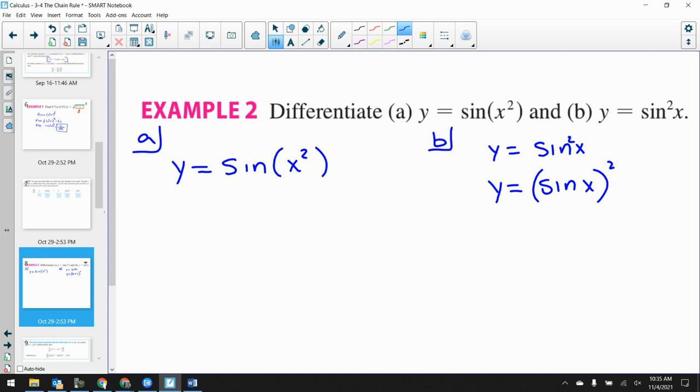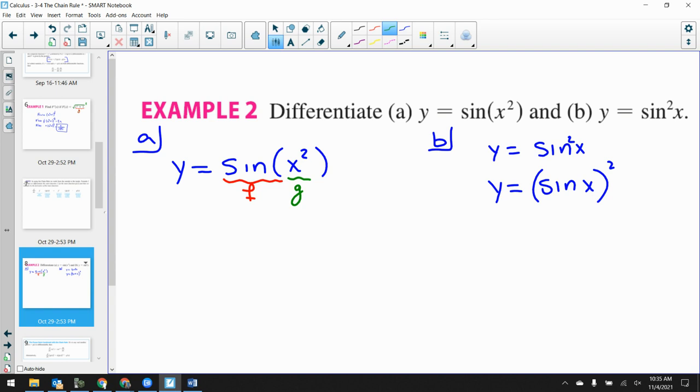No matter what, I've got to use the chain rule for both of these. For example, in A, the sine is my f, and my g is x squared.